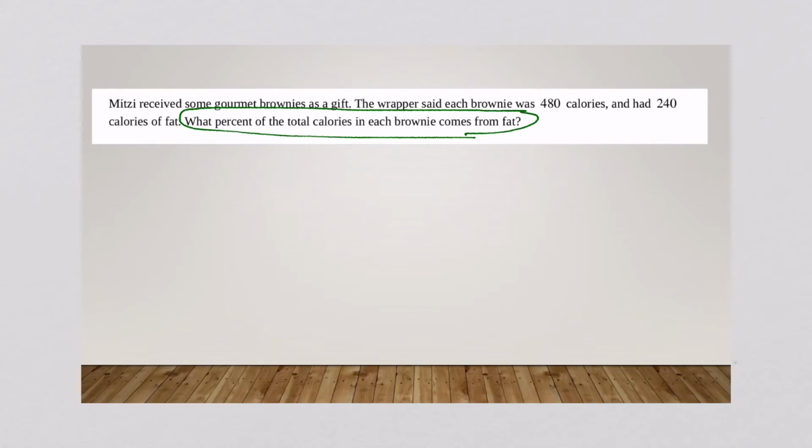So I'm going to write it down in algebraic form just like I read it in the problem. What percent means x, of means multiply, total calories. Do I know the total calories? Yes, it's right here. Comes from fat, so we want equals the fat calories.